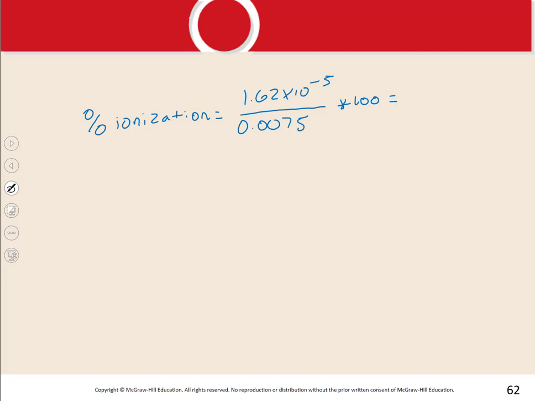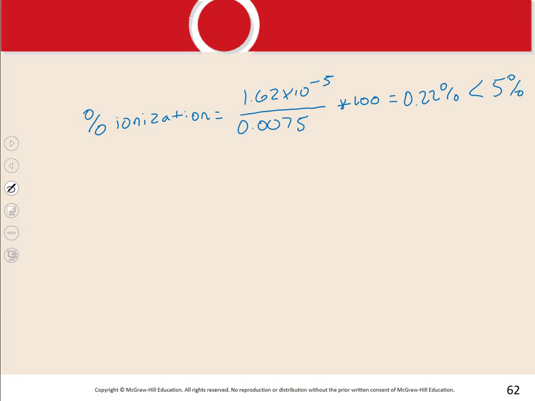And we get, in this case, a percent ionization of 0.22, which is definitely much less than 5%, which means assuming x was small is a good assumption.